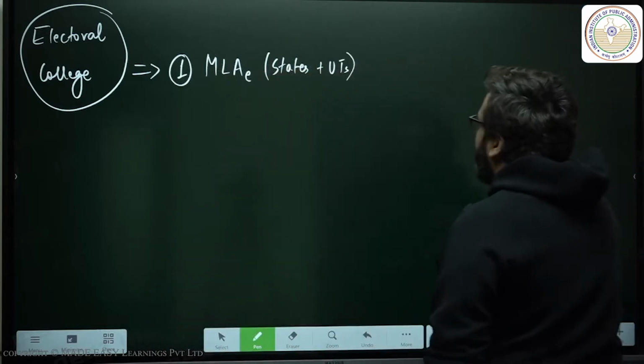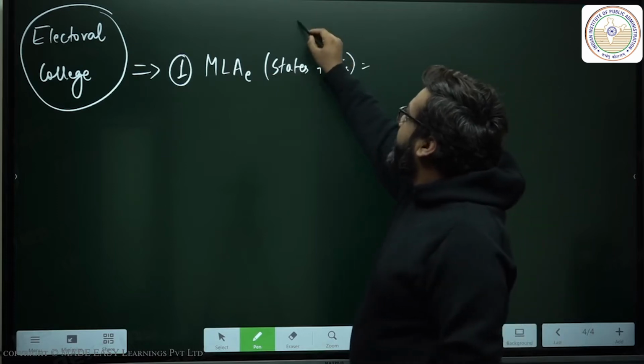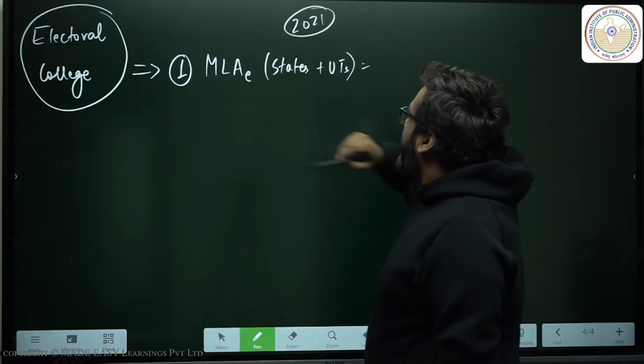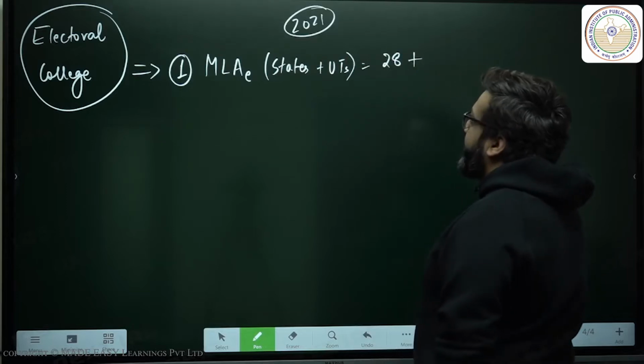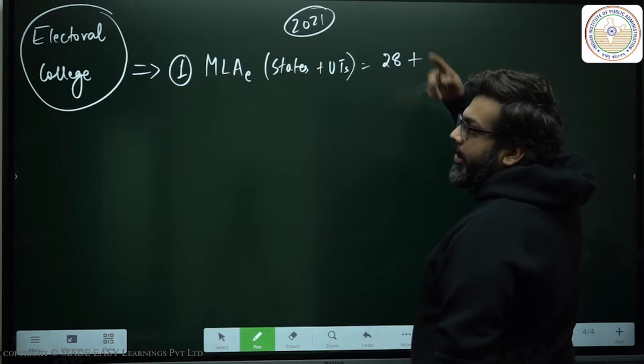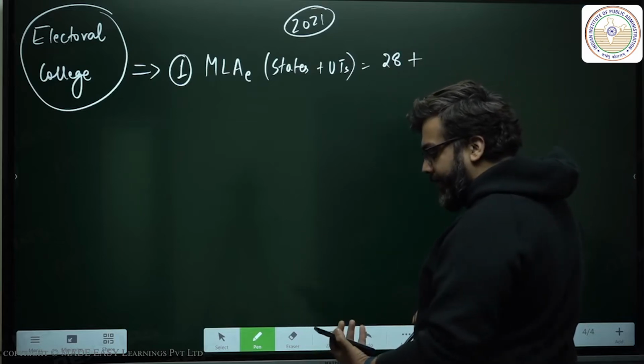As of 2021, we have 28 states and 3 union territories which are going to have MLAs.